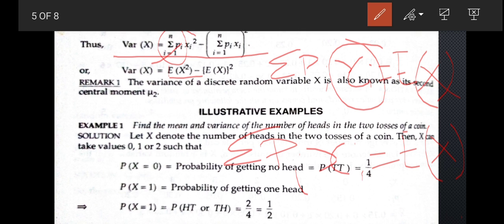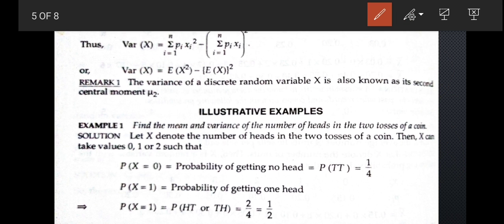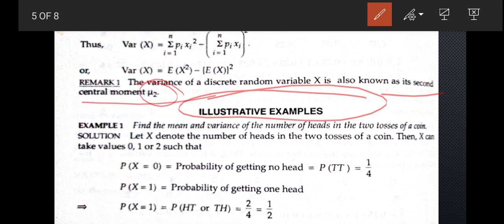But now xi square is there, so we will write E of x square, and here we will write E x whole square. So this whole variance is known as the second central moment, and we can express it by mu2. So this is the variance of a discrete random variable x and is also known as the second central moment mu2.